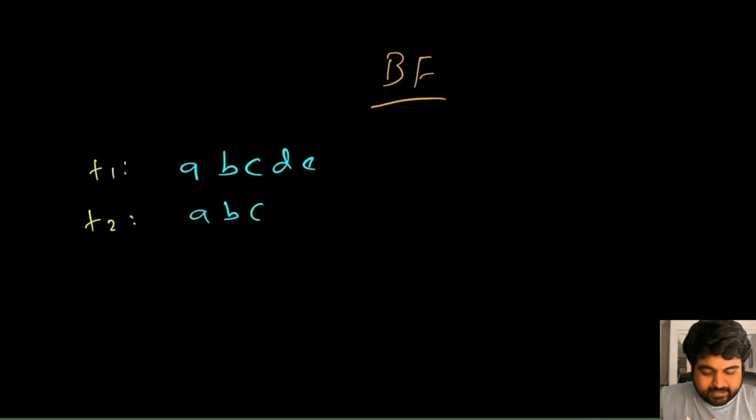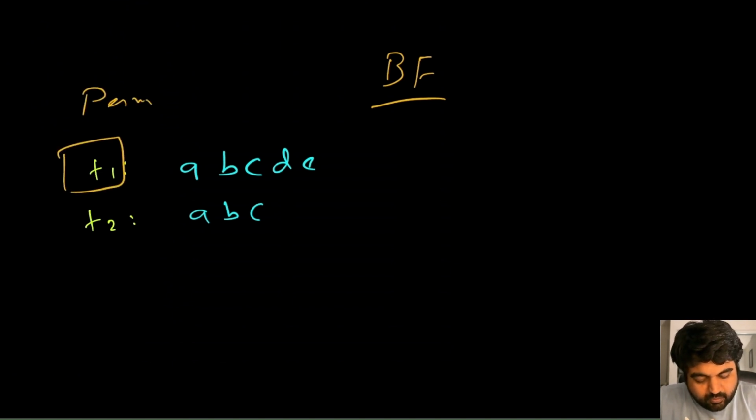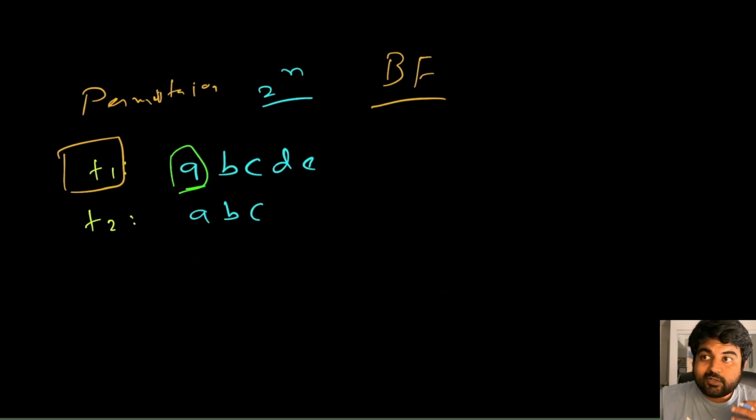For text1, we take all the subsequences we can make out of it. We know we can make 2 to the power of n of them, because at every character we have to decide whether to include it or not to include it.